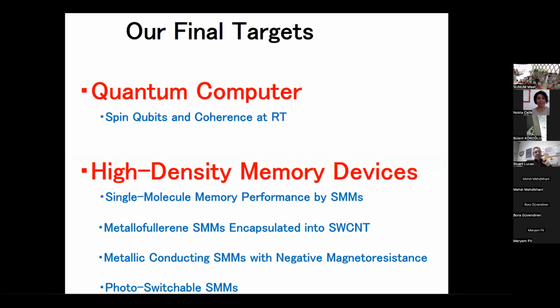So then, quantum computer. My talk first focuses on the quantum computer and second on high-density memory devices. First, I focus on the spin qubit and the coherence at room temperature.